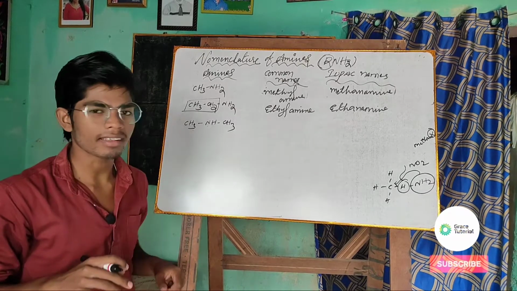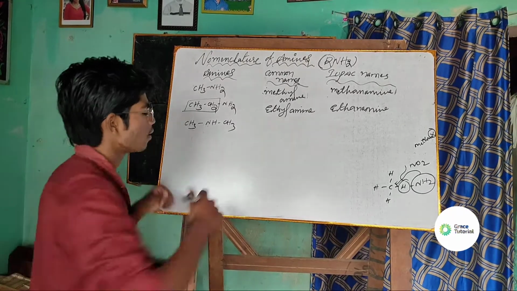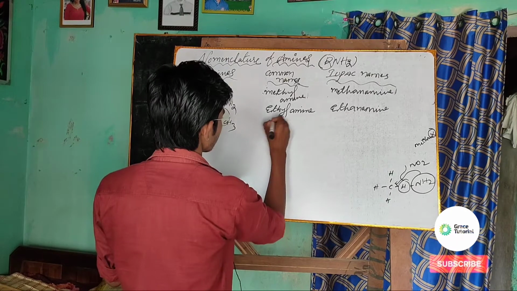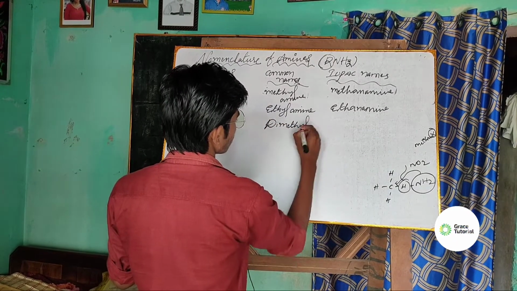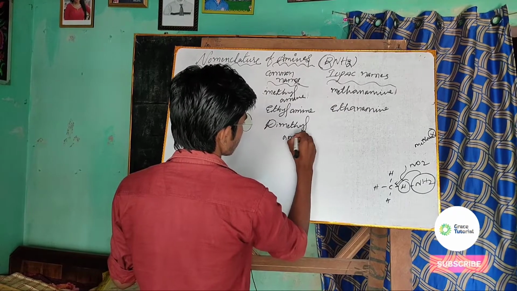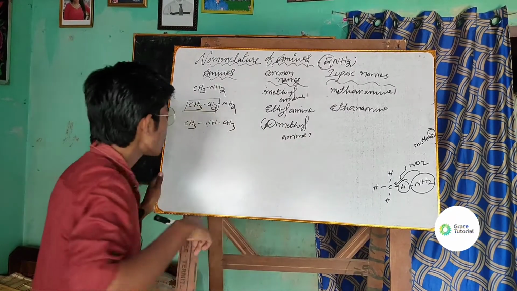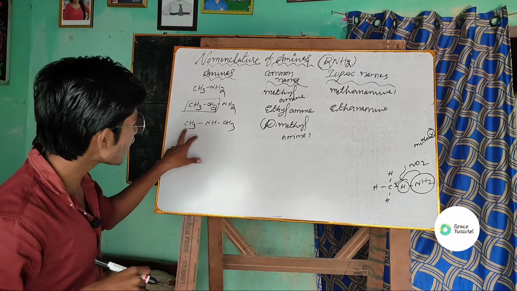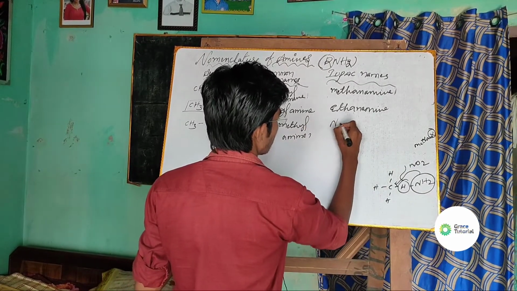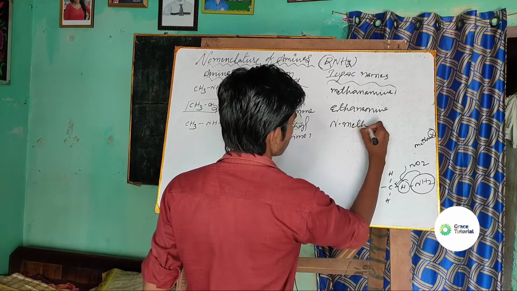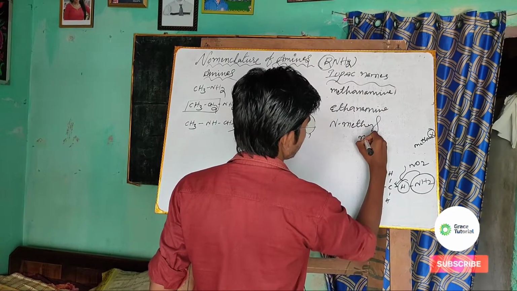Two methyl groups are there. So this is dimethylamine, or you can say N-methylmethanamine according to the IUPAC name.